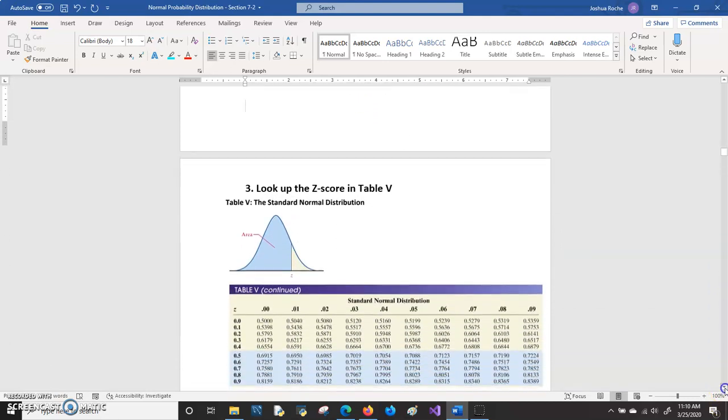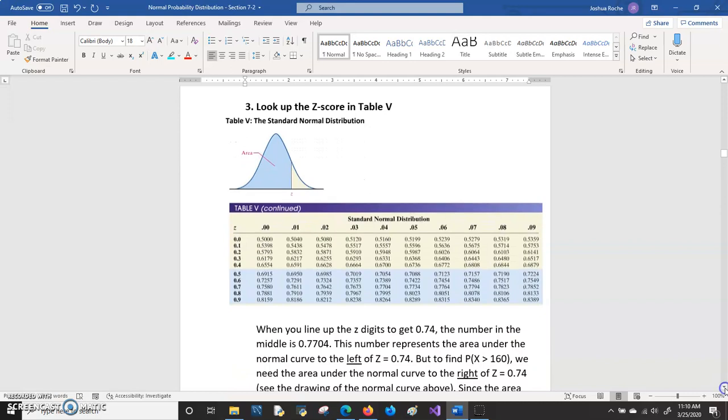We'll go to the table and look up a z-score of 0.74. Here's the 0.7, and then we need to find the 4, so here's the 4. So 0.74, look to see where they line up, and it looks like they line up at 0.7704.